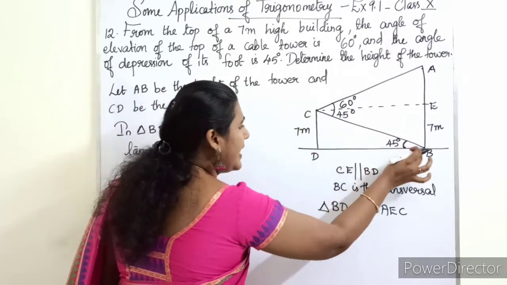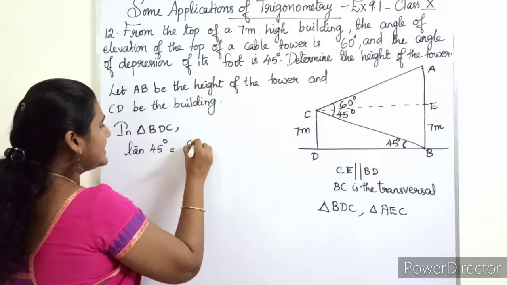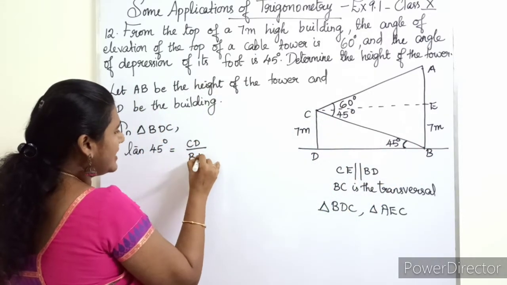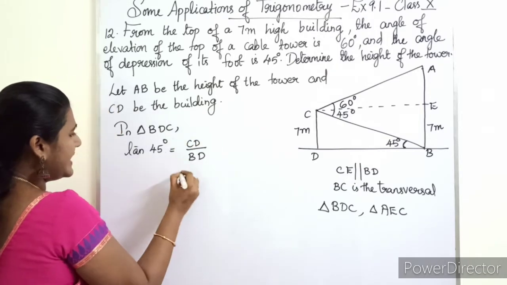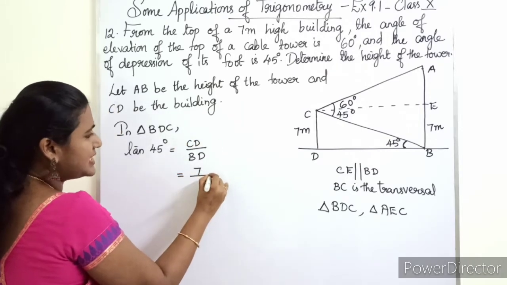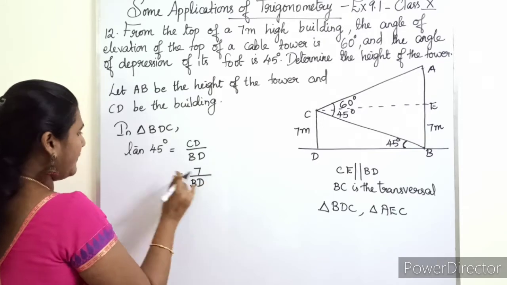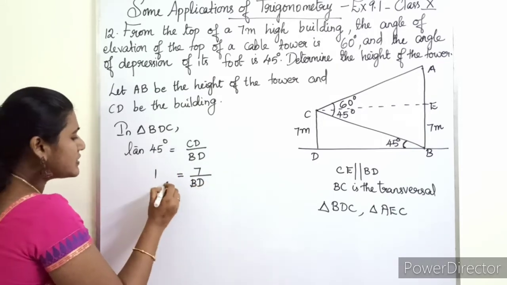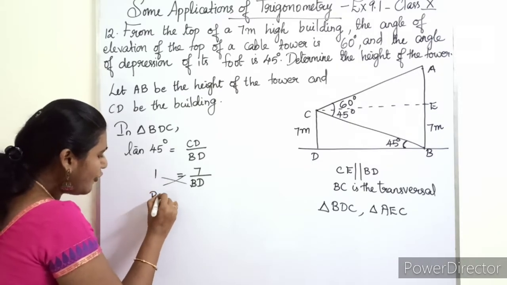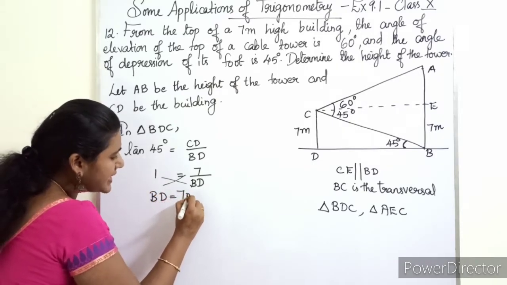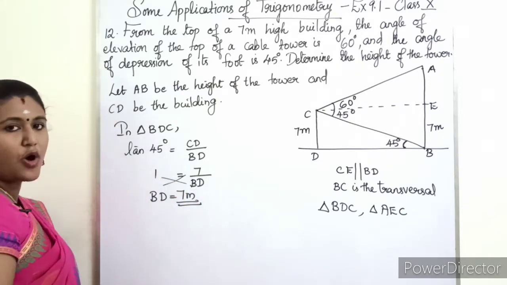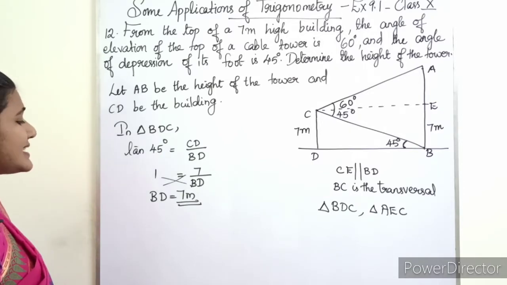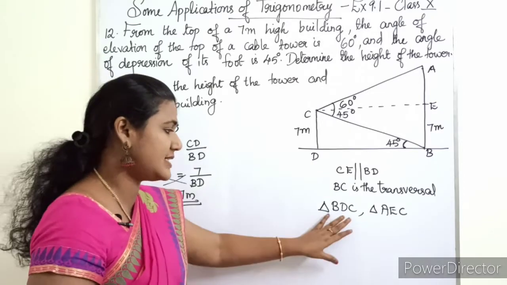Opposite side by adjacent side, that is CD by BD. CD is given as 7 meters and BD we have to find. What is tan 45 degrees? 1. Now if you cross multiply, we will get the value of BD. So BD is equal to 7 meters, from the first triangle.